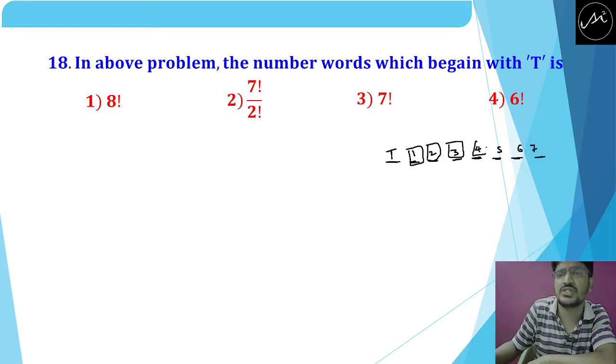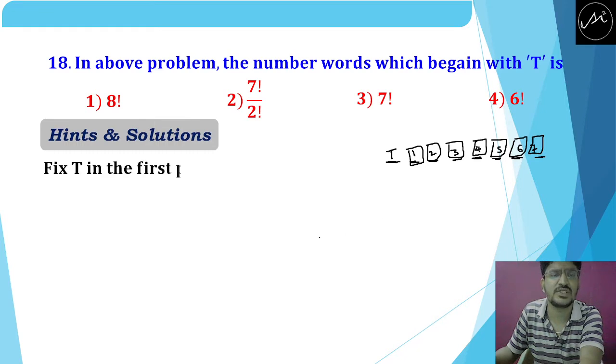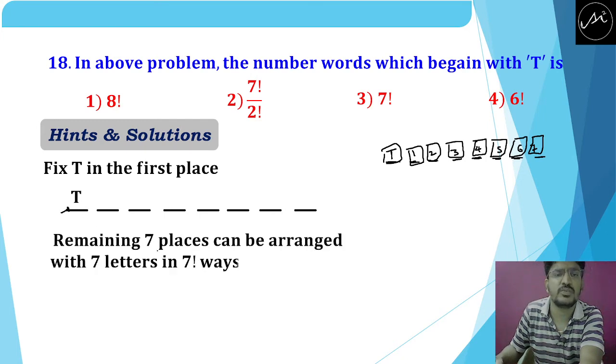Because T is fixed, it has not got any choice. So with this you can understand T is fixed in the first place, and the remaining 7 places can be arranged in 7 factorial ways.